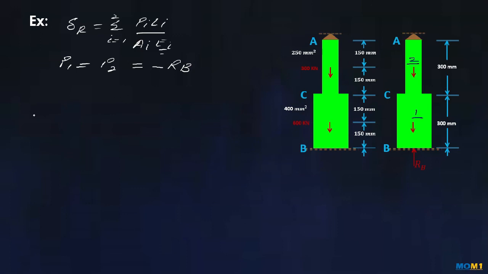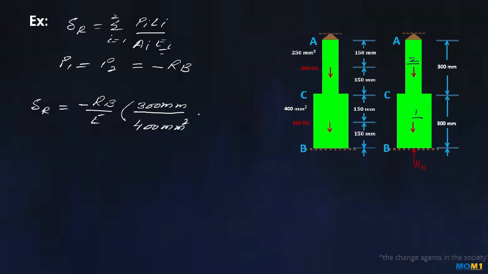Now using these values in the expression, del R is going to be, taking outside the force RB, minus RB upon E, so we are left inside with 300 millimeter, that is the length, upon the cross section area of section 1, that is 400 millimeter square, plus again the length of 300 millimeter upon the cross section area of 250 millimeter square.